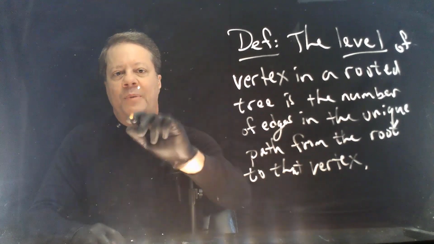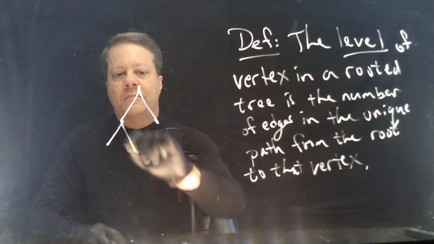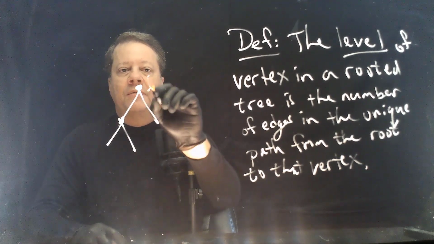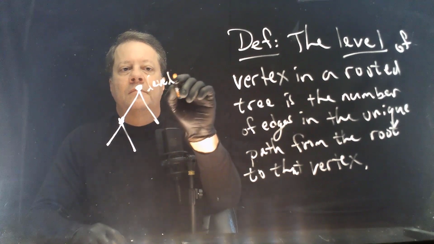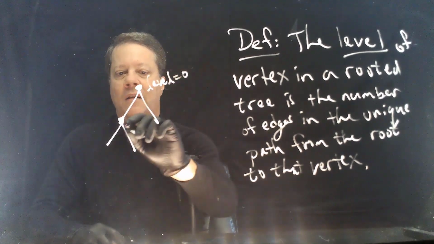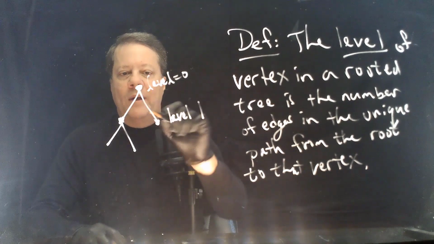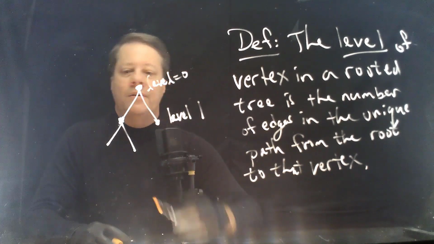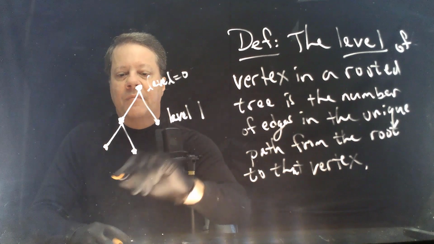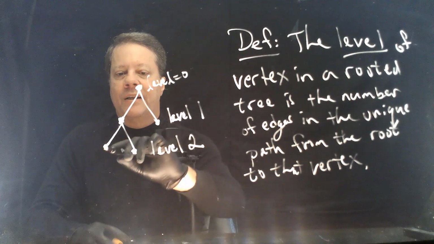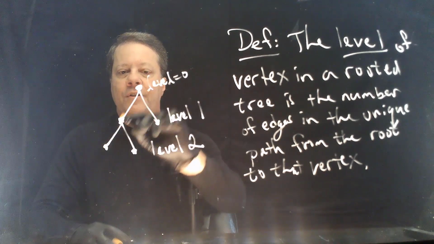So, for example, the root itself is on level 0. These two are on level 1. We have one edge connecting those to the root. Each of these is on level 2 because the unique path will involve two edges.